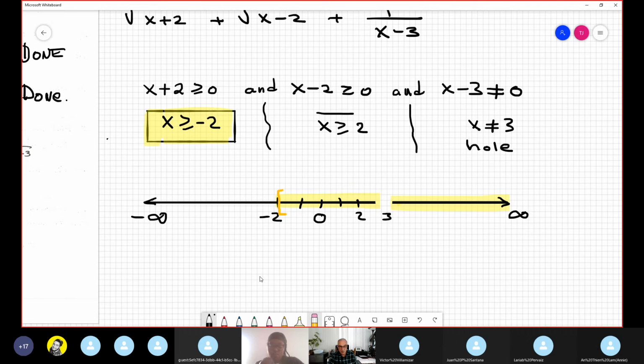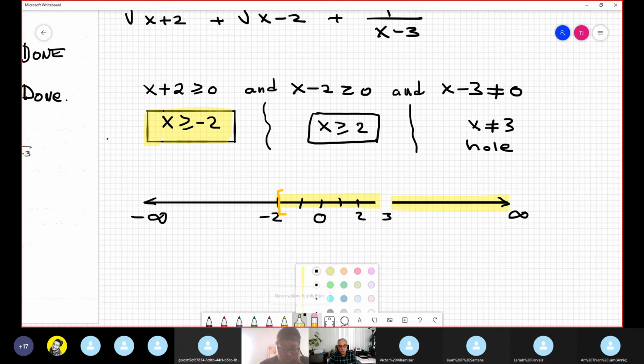Now let's move on to the second one. Let me use some blue color. This is from 2 to positive infinity, but if we continue, the same hole at 3.